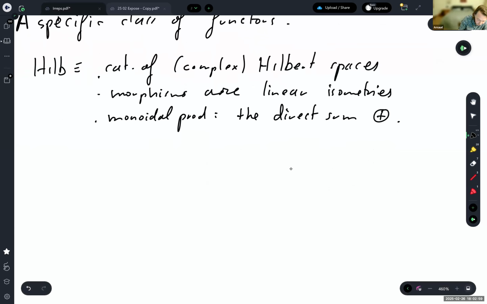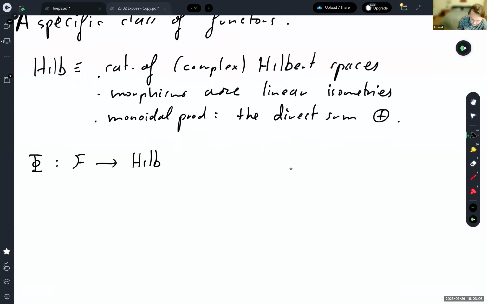And now I'm going to look at some phi going from F to this category that I just described. I'm going to say they are monoidal. And what does that mean, really? Well, I'll tell you now what it means to be monoidal.